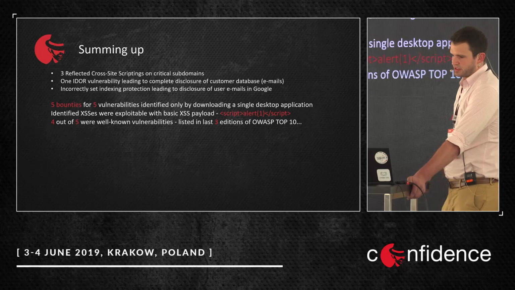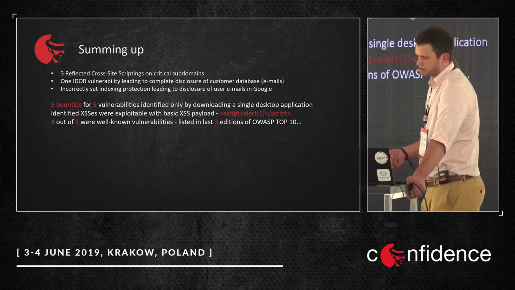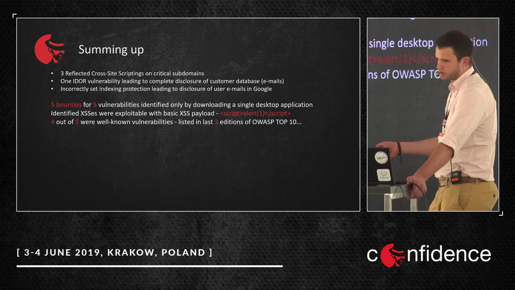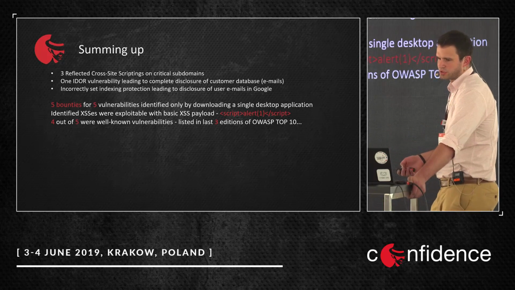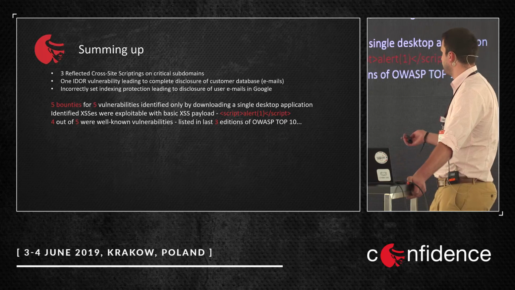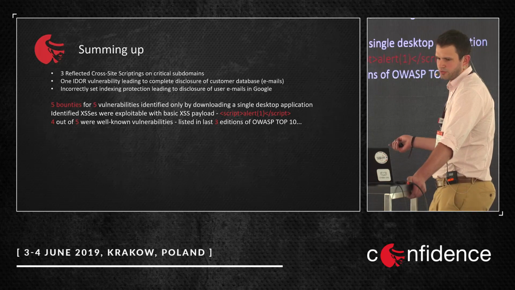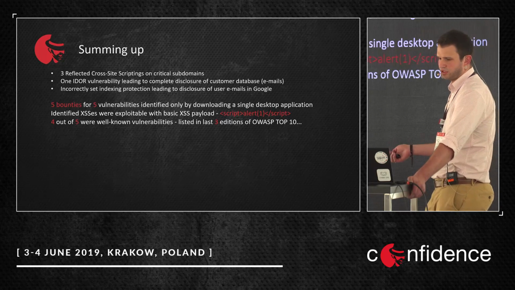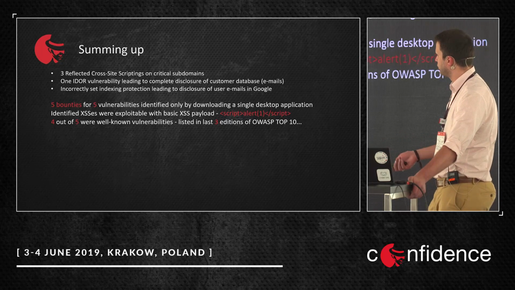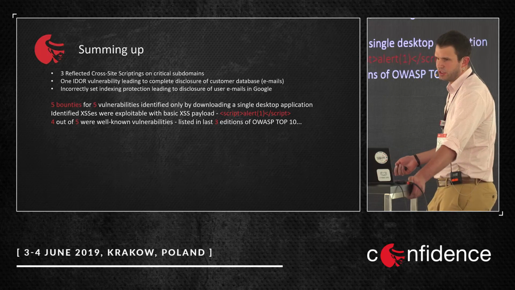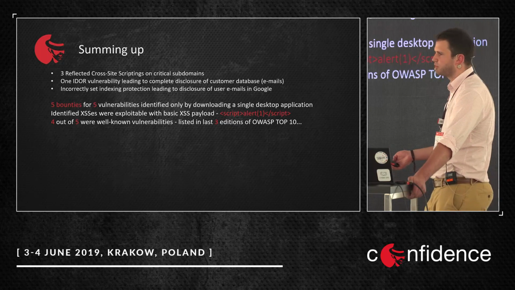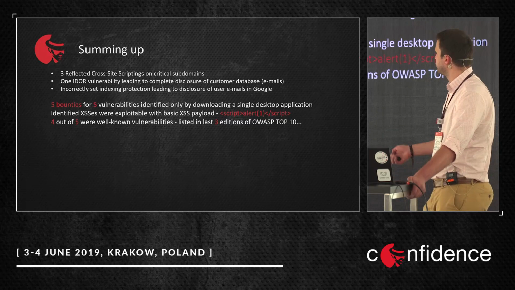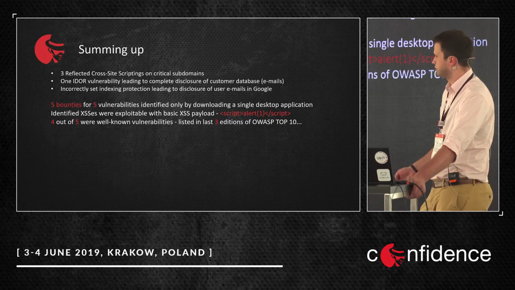Just by digging into this desktop application, which was the beginning of the entire research, I was able to identify 5 vulnerabilities, and 4 of them were really basic ones, because vulnerabilities like reflected XSS with a basic payload or insecure direct object reference probably shouldn't exist anymore in modern applications.